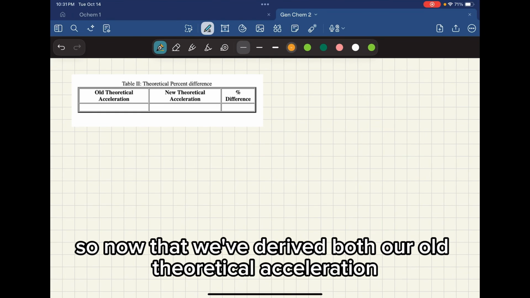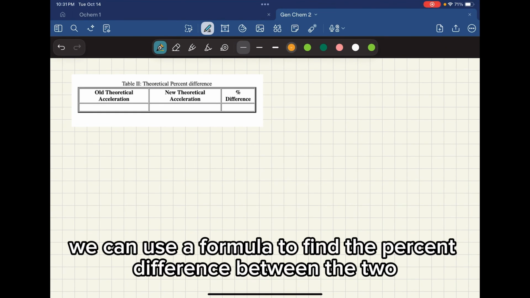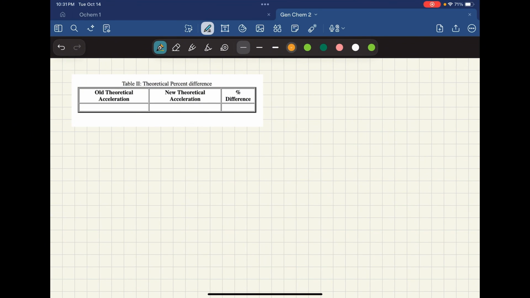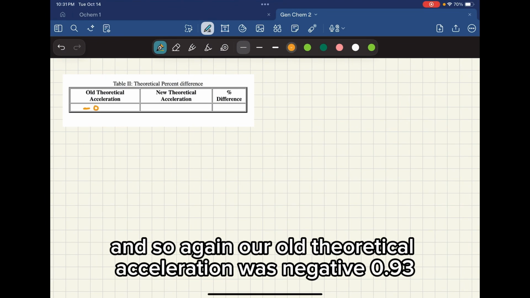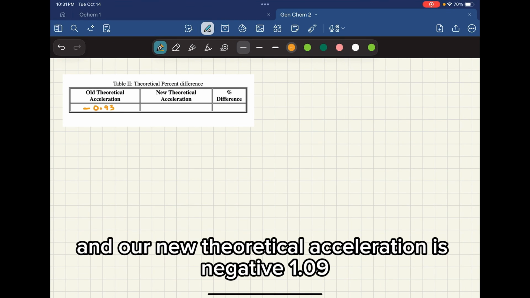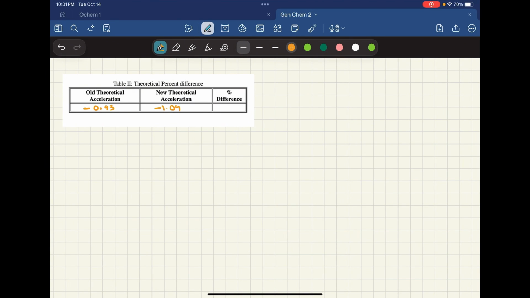So now that we've derived both our old theoretical acceleration and our new theoretical acceleration, we can use a formula to find the percent difference between the two. Our old theoretical acceleration was negative 0.93, and our new theoretical acceleration is negative 1.09, both in meters per second squared.